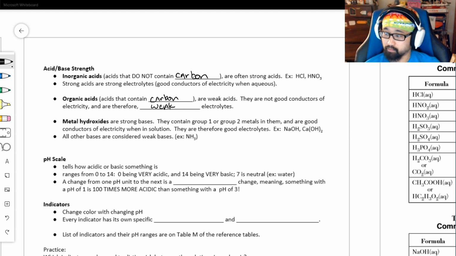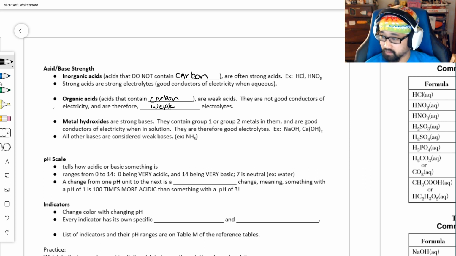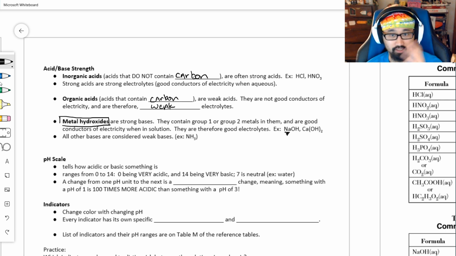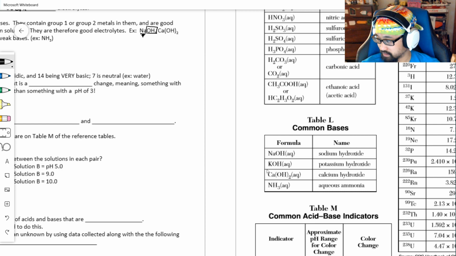The rule for bases: is it a metal hydroxide? Metal hydroxides are things that contain a metal, something on the left side of the periodic table, and hydroxide, which is this OH group. So, if we look, three of our bases here are metal and hydroxide.